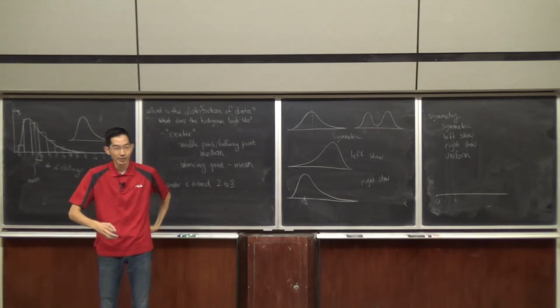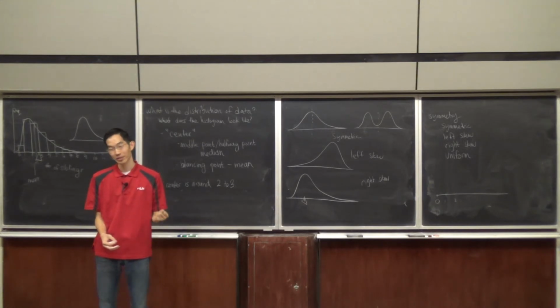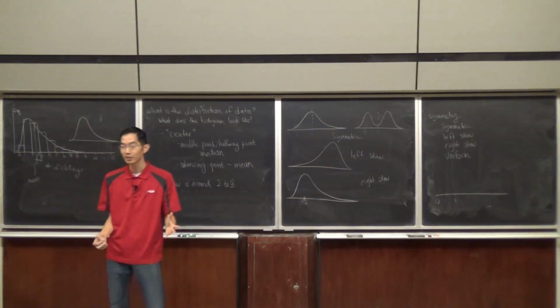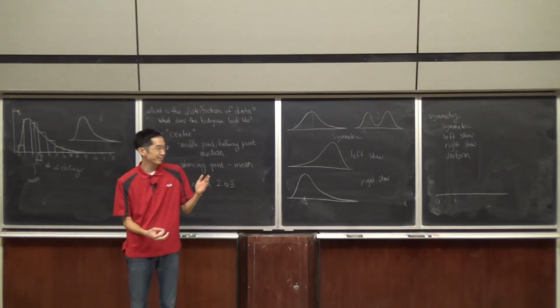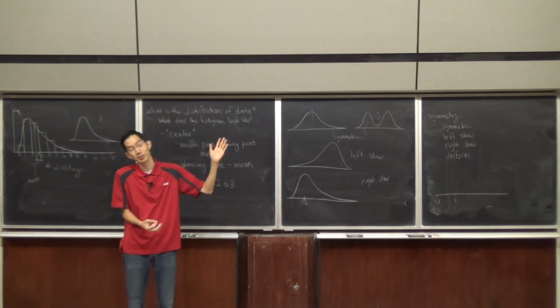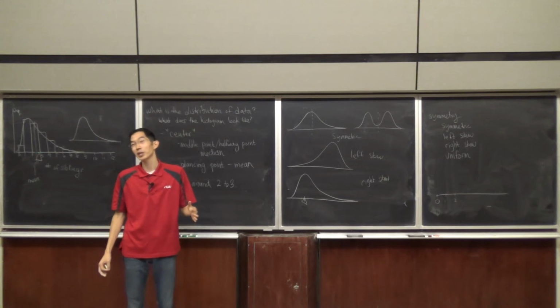If we picked a random person off the street and said, how many days did you drink this past week? Probably 0 will be the most common. Maybe 1. But you'll probably see more 0, 1, 2, and it's possibly bimodal.